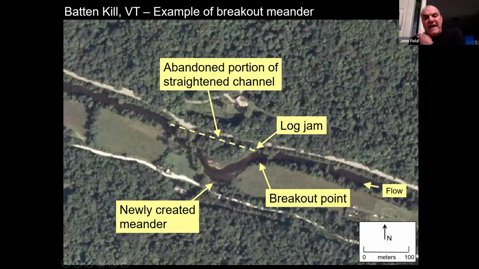These things can happen on these straightened rivers in a single flood. At the same time, they're creating excellent habitat overnight. Now we have a meander bend, different flow velocities along different sections of the river. And so it's sort of a mixed bag, a hazard, but at the same time, improving habitat.